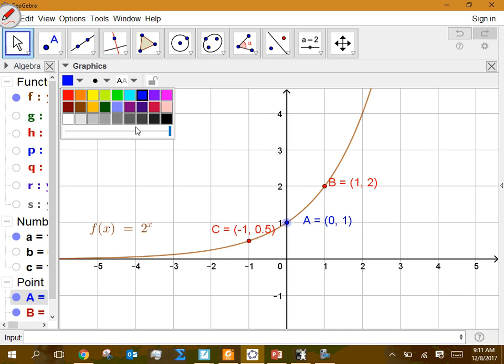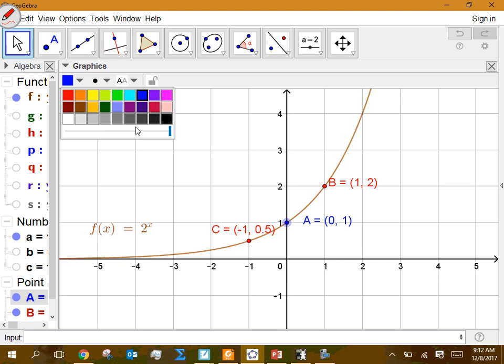You were taught in Algebra 1, when you first learned exponents and laws of exponents, that whenever I raise something to the 0 power, you get back 1. So anything raised to the 0 is 1. So 2 to the 0, 3 to the 0, 4 to the 0, e to the 0, they're all going to pass through 0, 1. That is a point that we want to commit to memory.